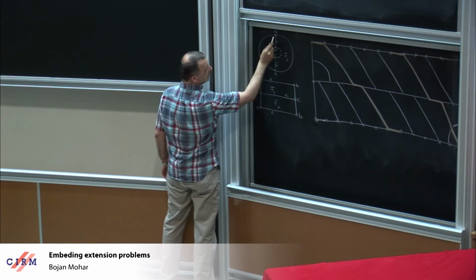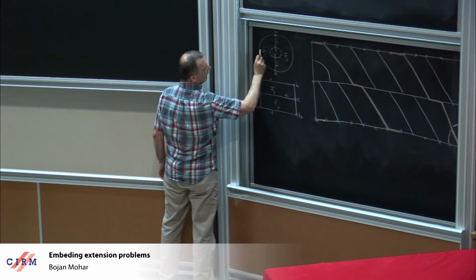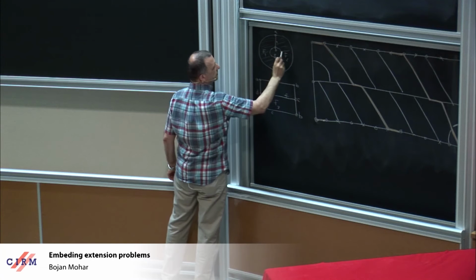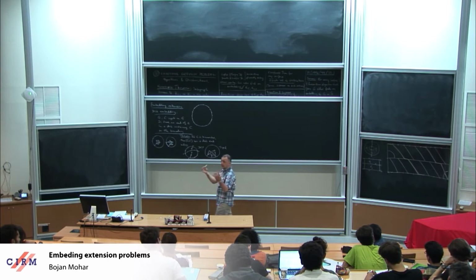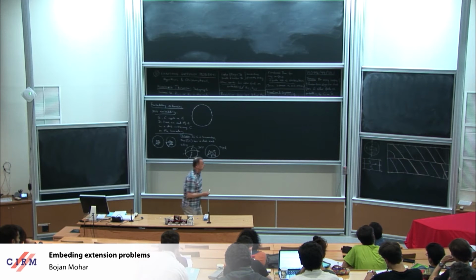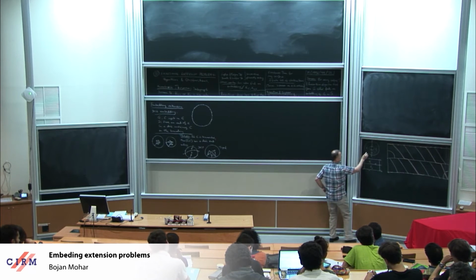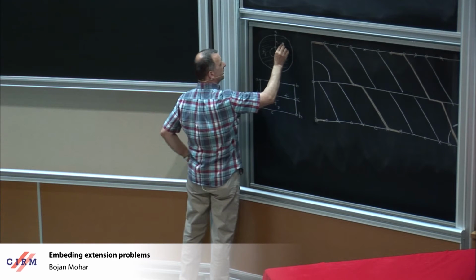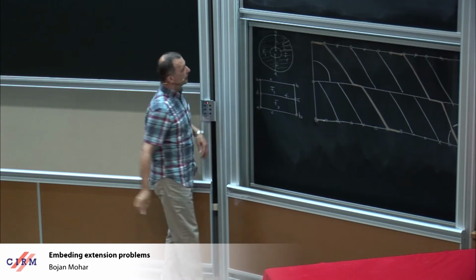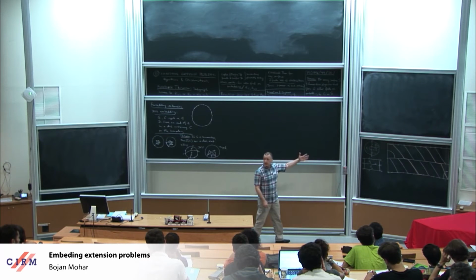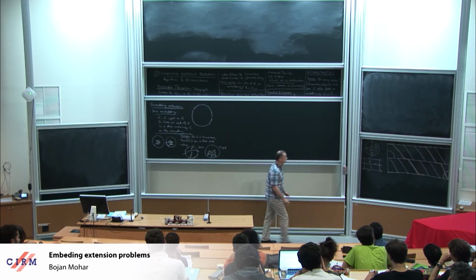And you ask if you can embed the rest of the graph inside these 2 faces. So there are paths, maybe many vertices, and there is the rest of the graph attached to this, and you wonder if you can do that.